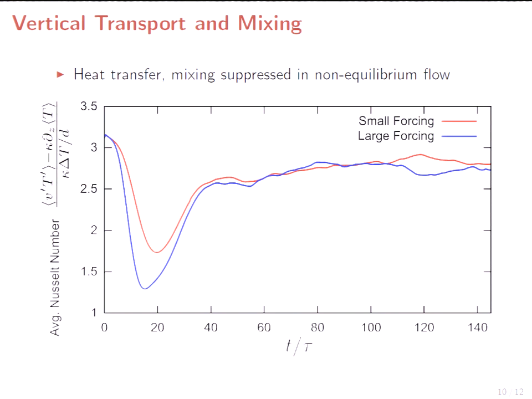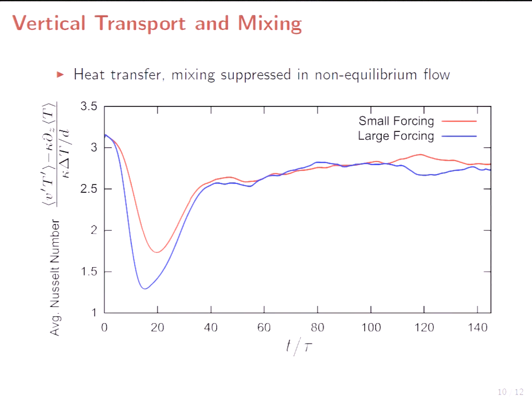What you see is that the heat transfer is initially somewhat high, but then it drops, and then it recovers after this non-equilibrium flow, which is basically just changing direction and aligning in a new flow direction. But in this part of the flow, these large-scale organized structures are being broken up, and so this has consequences for the ventilation of the hot and cold fluid near the wall.